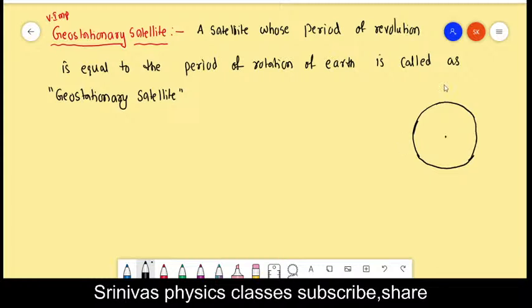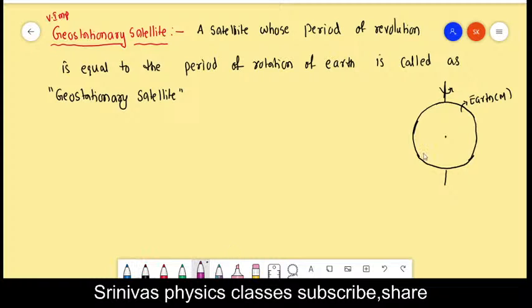Earth rotates about its own axis with some speed. Earth mass is capital M and earth radius is capital R. And the geostationary satellite revolves like this.